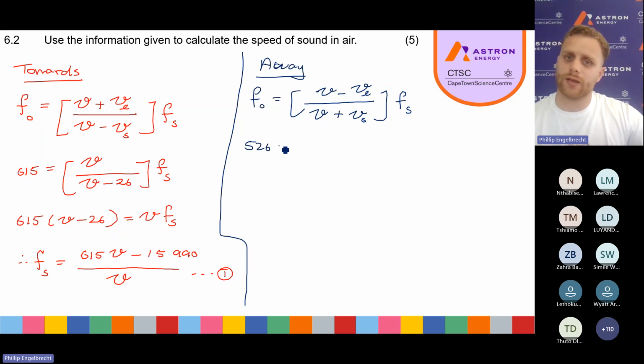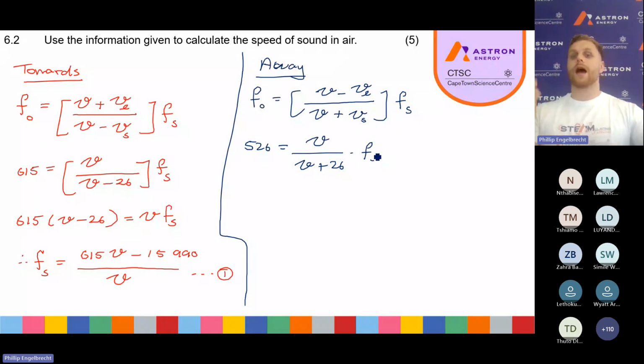So now I substitute in my values. That's 526 is equal to V divided by the velocity of sound, which is V, plus 26 multiplied by the frequency of my source. I'm going to make the frequency of my source the subject of the formula.